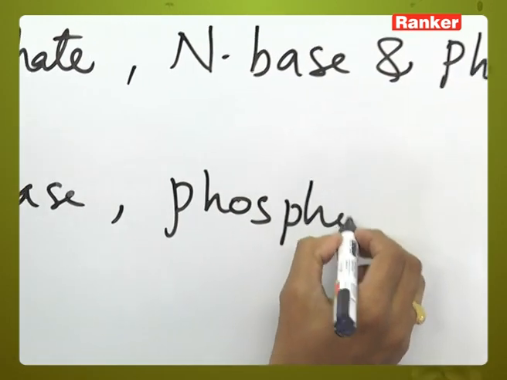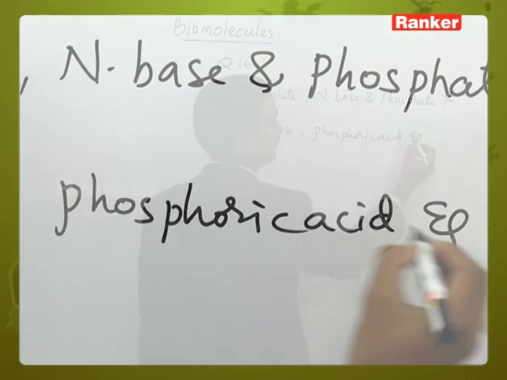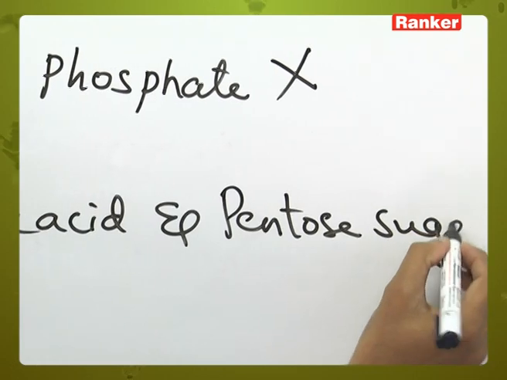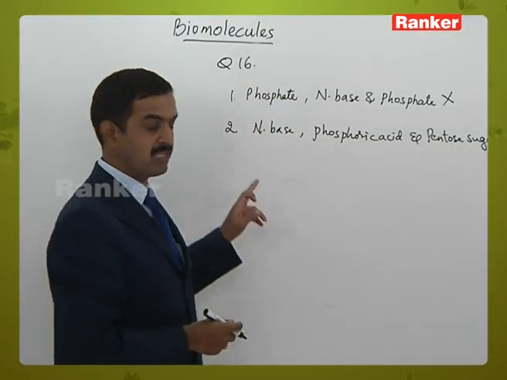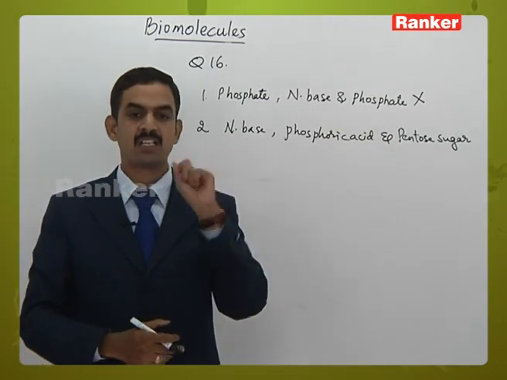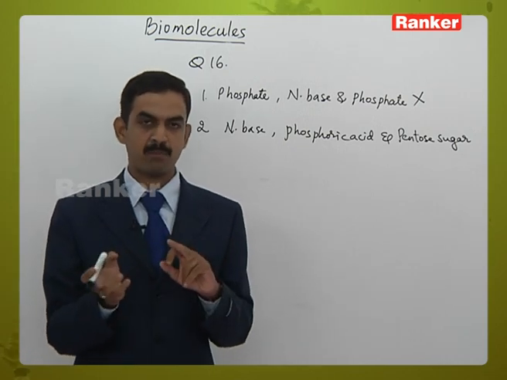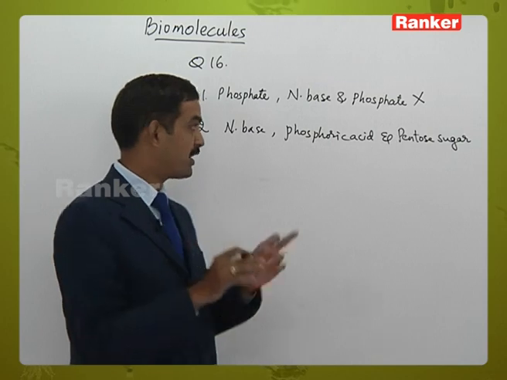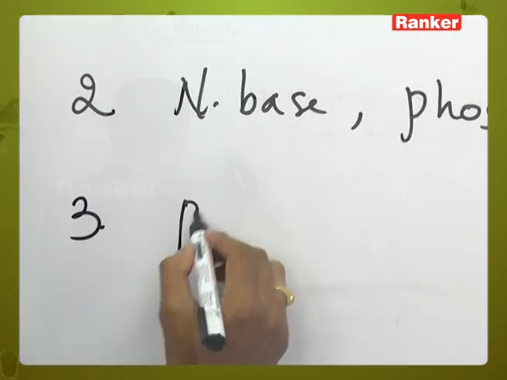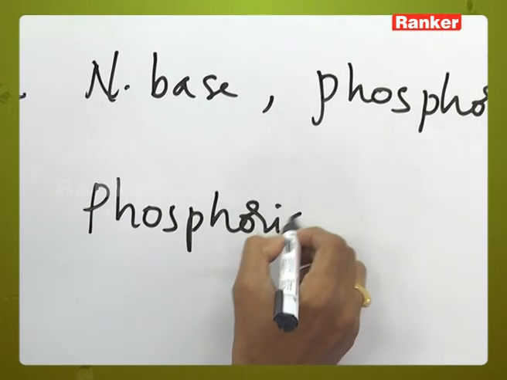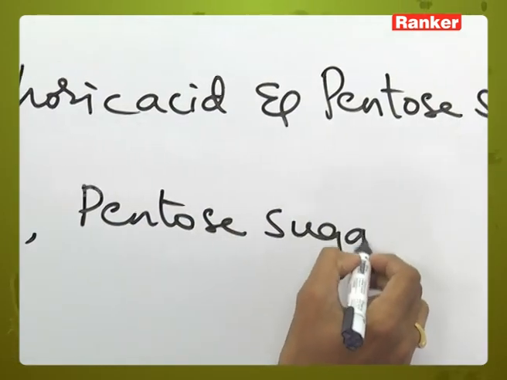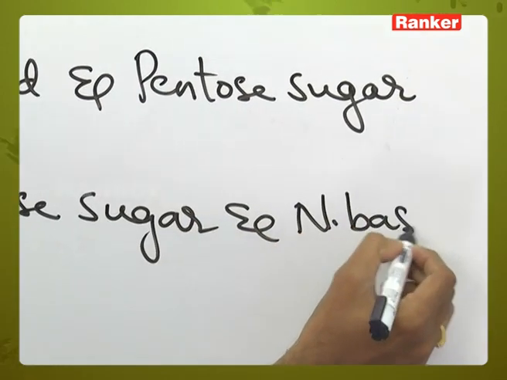The second one is nitrogen base, phosphoric acid, along with it the pentose sugar. In this given option, the sequence of nitrogen base, phosphoric acid and pentose sugar is incorrect. All the 3 are correct parts of the nucleotide, but the sequence of arrangement of these 3 structures is incorrect. Third one, phosphoric acid, pentose sugar and nitrogen base.